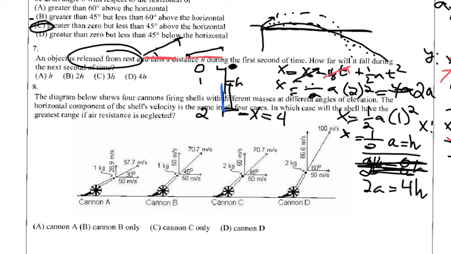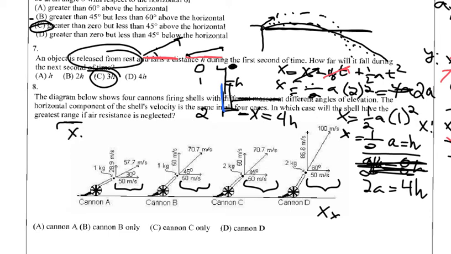Alright, so finally, in number 8, we have the diagram showing 4 cannons firing shells. They have different masses and different angles, but actually the mass shouldn't matter, so what we care about is their angles. We know that in each case, the horizontal velocity is the same. If you think about solving for x, which is the range, anytime it says range, it's really asking you about x, you can probably guess at this point that you're going to be plugging into v naught x times t.